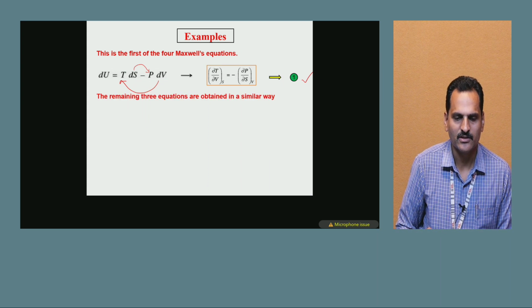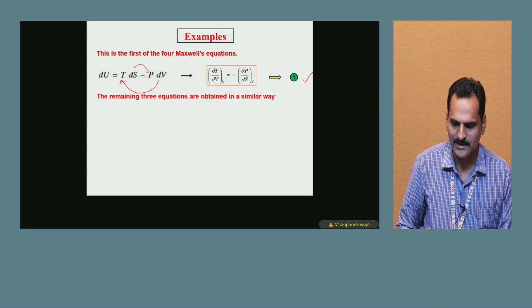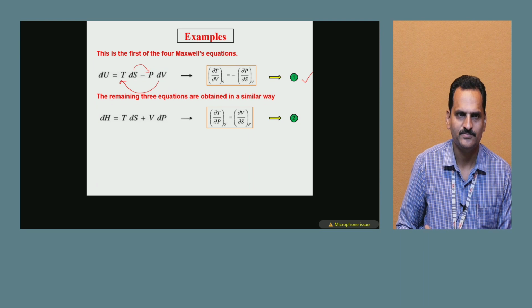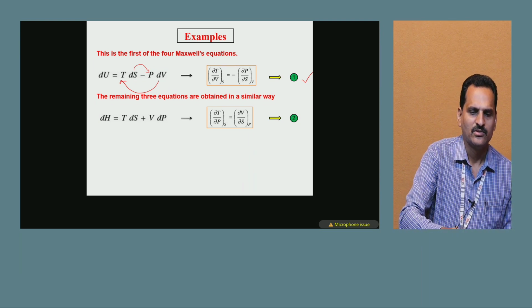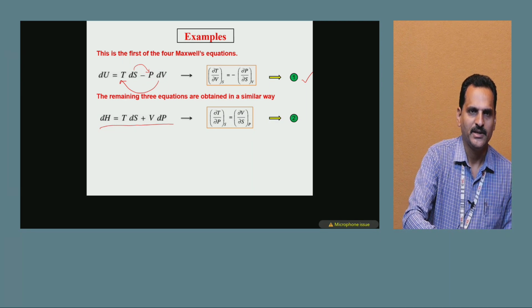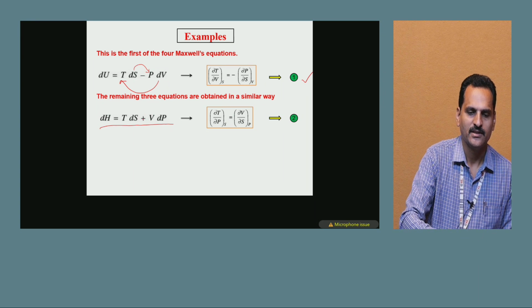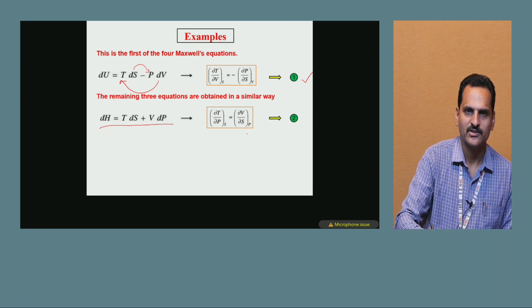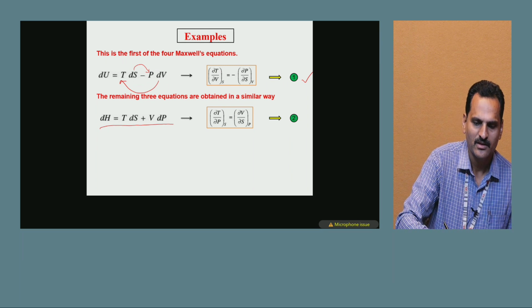Similarly, let's see the remaining three Maxwell equations. If we take the second fundamental property relation, which is related to enthalpy, dH is equal to TdS plus VdP, that is converted into partial differential form: ∂T/∂P is equal to ∂V/∂S. How to get this partial differential form?